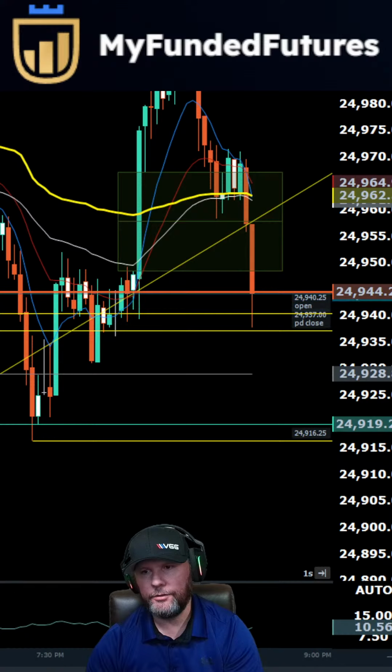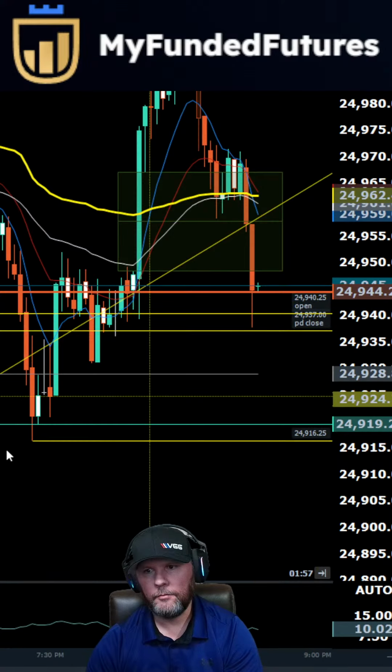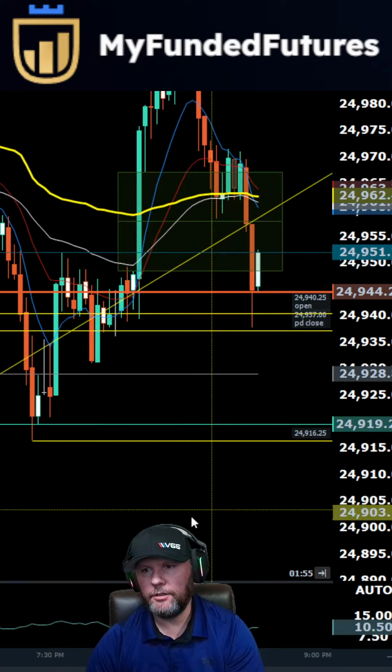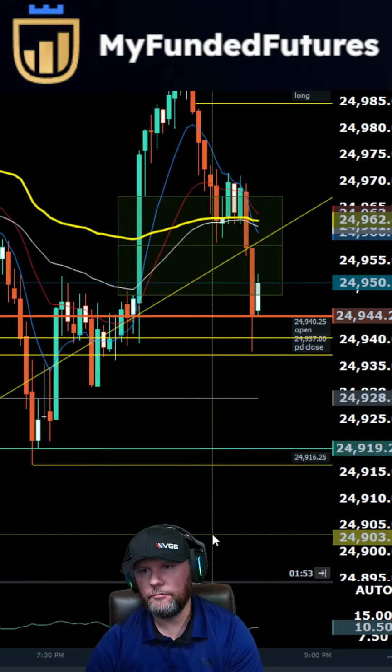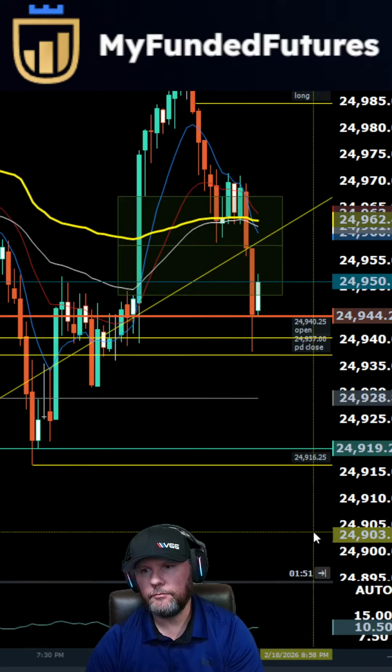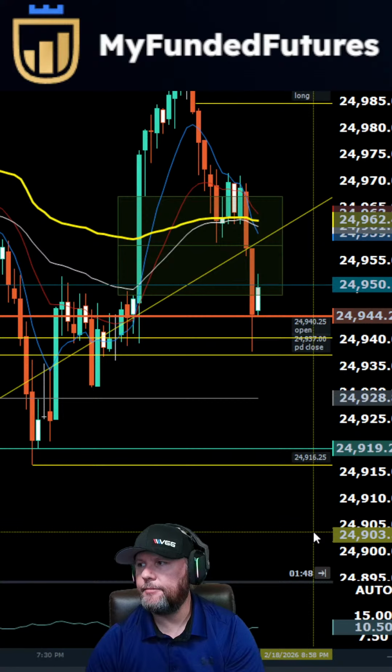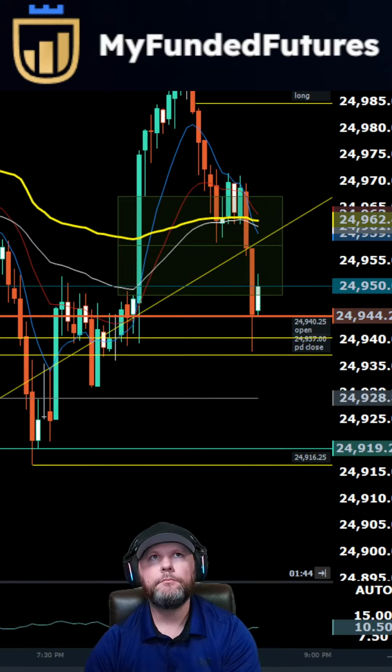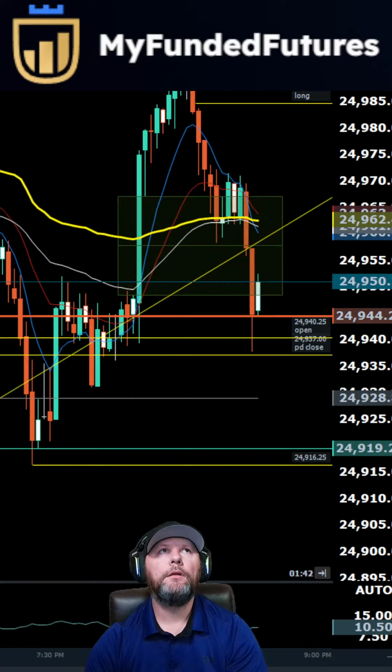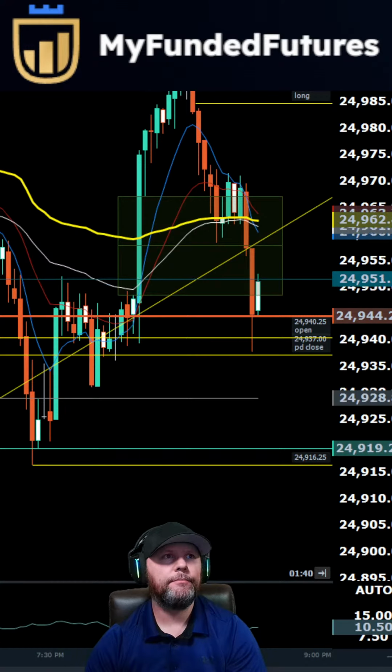There's the close. Feel very comfortable here. It should be okay. Did tap back into the gap there, but unless this just ends up being a short trap, should be all right.